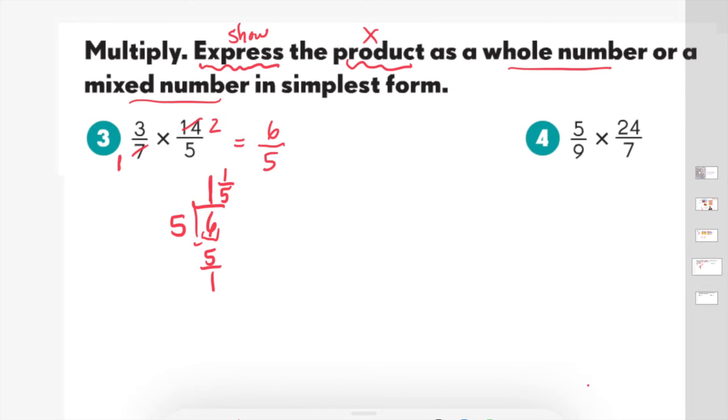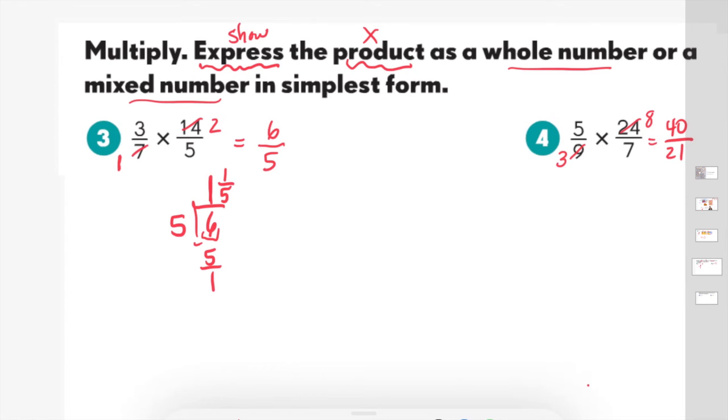Okay, 5/9 times 24/7. Hopefully you did some cross canceling, because 9 divided by 3 is 3, and 24 divided by 3 is 8. And if we do that first, then we can multiply. 5 times 8 is 40, and 3 times 7 is 21. So we get 40 over 21.